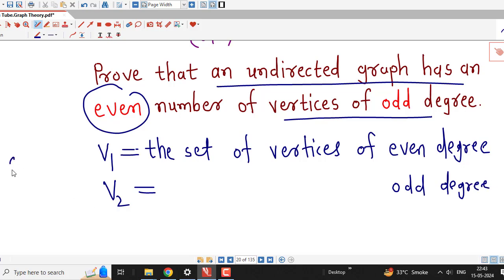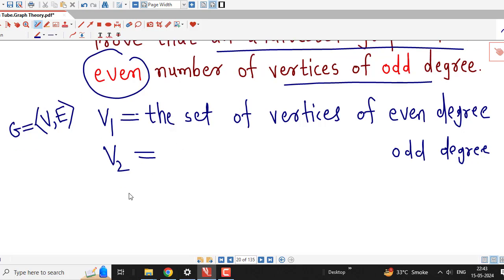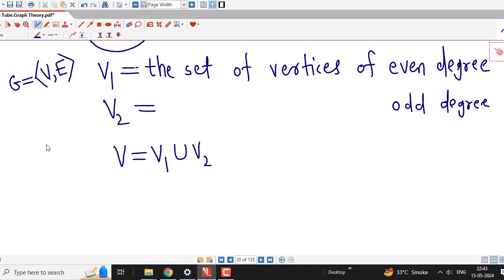And before that we mention that we are considering an undirected graph G equal to the ordered pair (V, E). If we use these notations V1 and V2, then V1 union V2 is the set of vertices of the given graph.